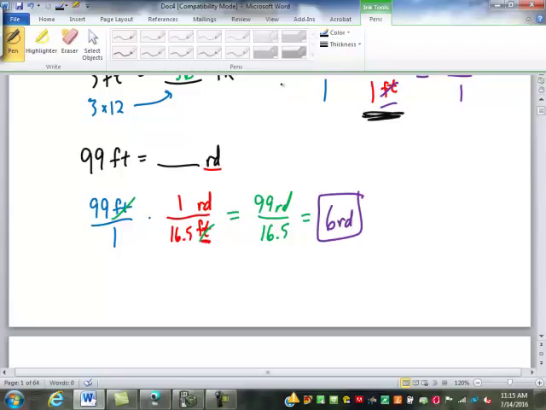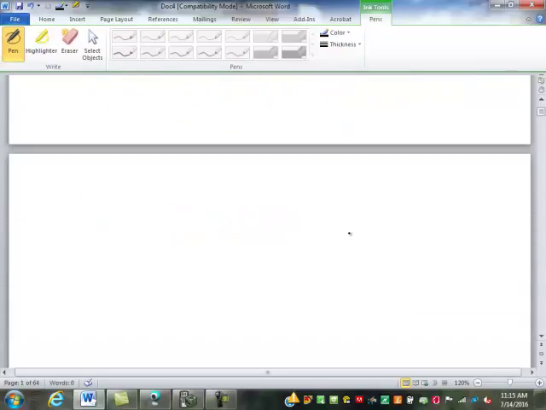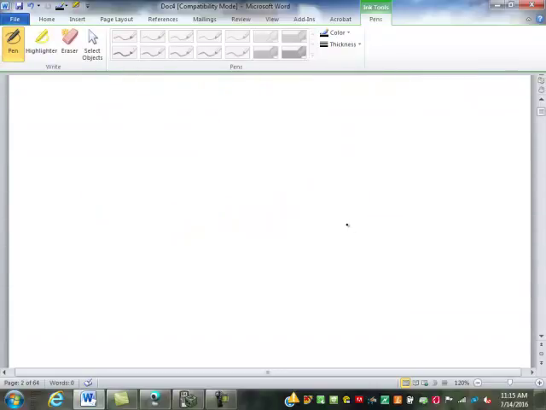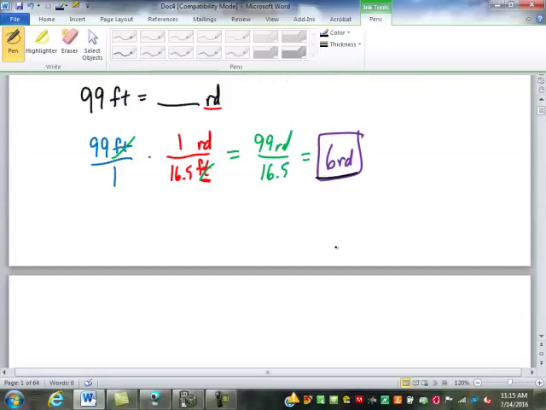Now in your textbook and on my math lab, the examples I gave you here came out exact. But they might not always. They might come out to be a decimal. In your textbook, when we do conversions, and it's going to be more so when we do the metric to standard conversions or standard to metric, they always want the number that goes down here to be 1.